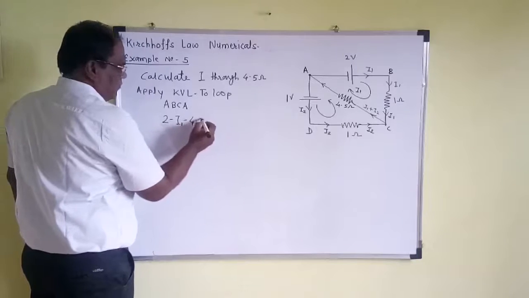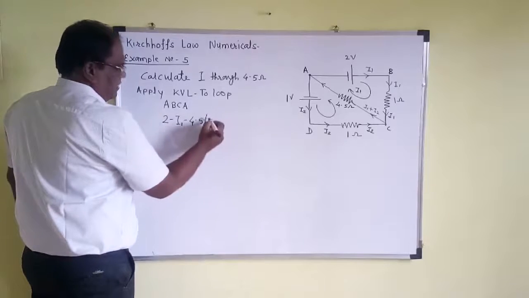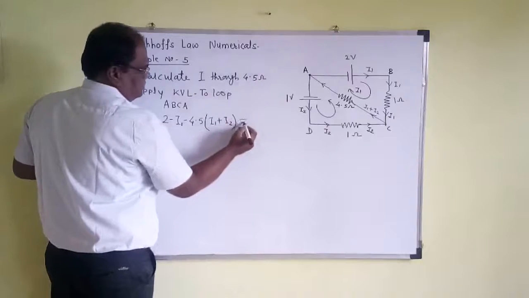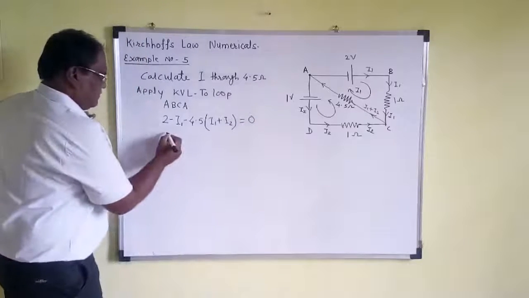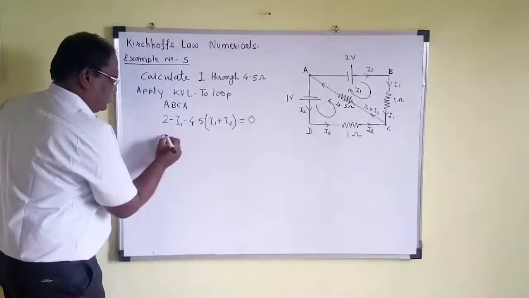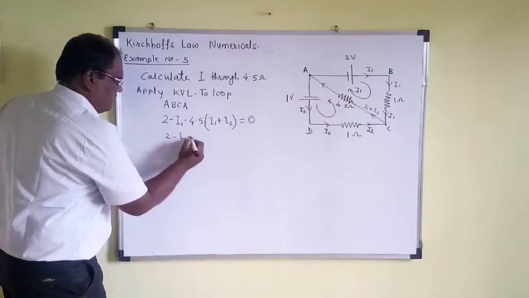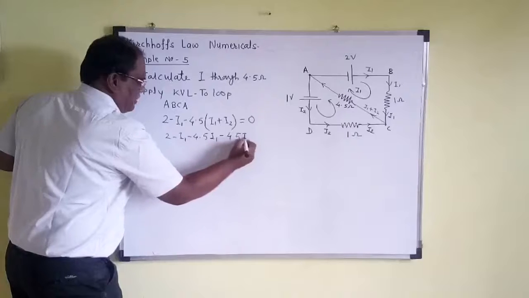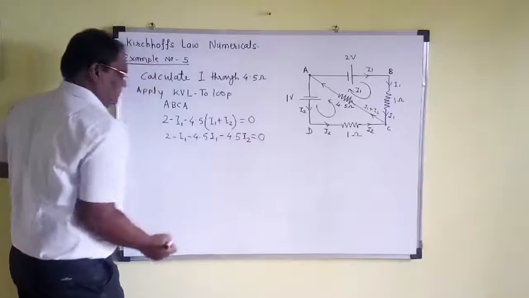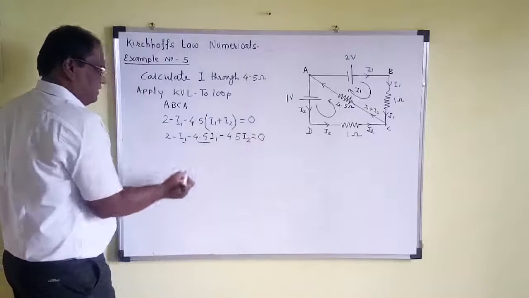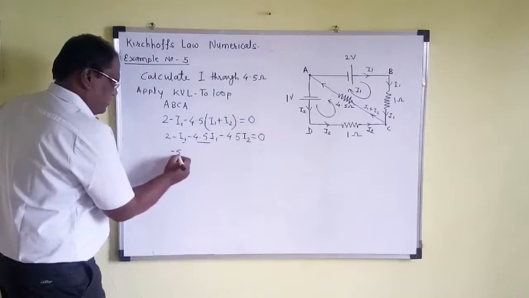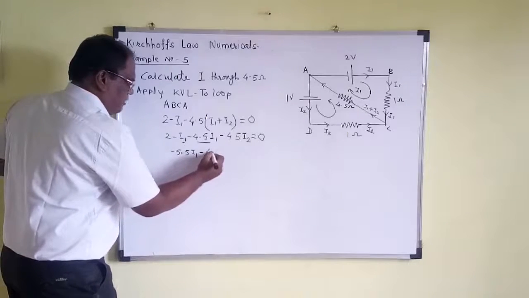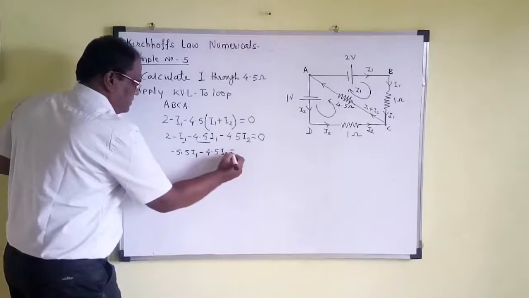Minus 4.5 (I1 plus I2) is equal to 0. 2 minus I1 minus 4.5 I1 minus 4.5 I2 is equal to 0. 4.5 plus 1, minus 5.5 I1 minus 4.5 I2 is equal to minus 2.